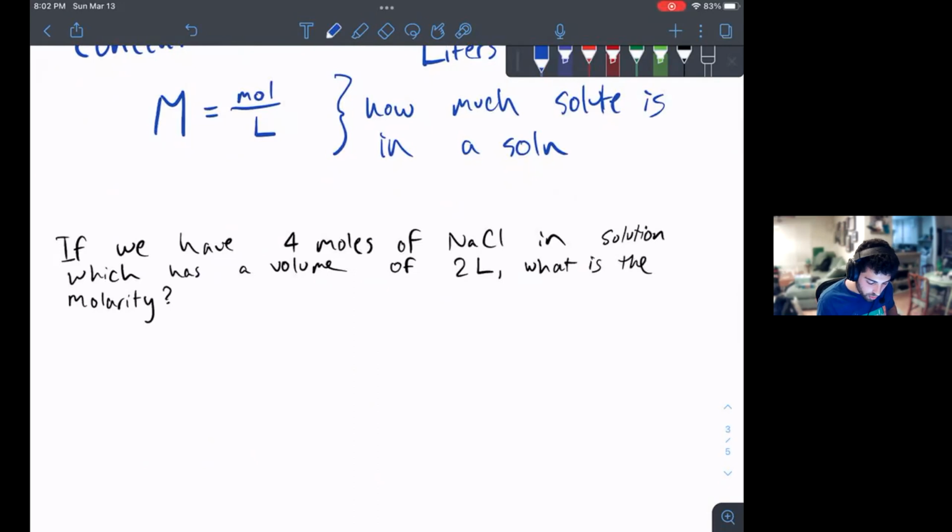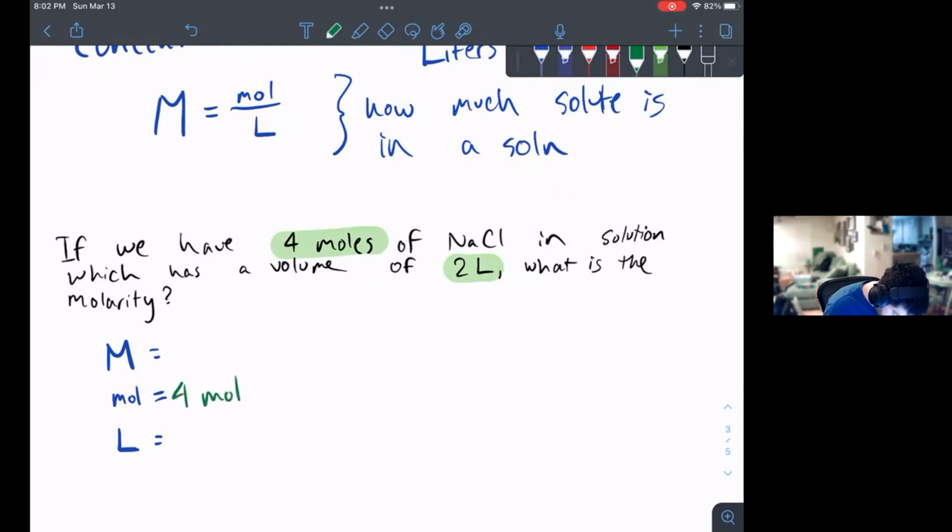All right, so our first question: if we have 4 moles of sodium chloride in a solution which has a volume of 2 liters, what is the molarity? I think the best way to do any of these problems is just write M, mole, and liter, and just see which ones you have the values for. So right here, I see I have 4 moles and I have 2 liters. So I'll go ahead and put 4 mole, and I'll also put 2 liter.